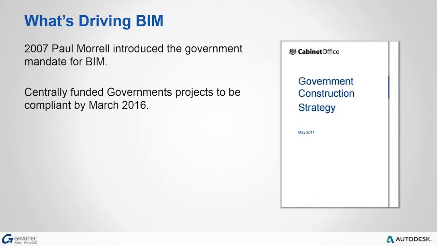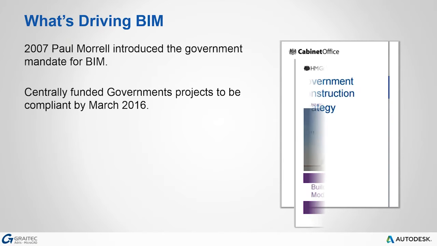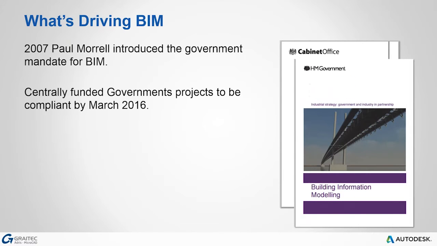There's a summary action plan attached to the government construction strategy, and these documents are available, and they contain the detailed implementation plan for building information modeling. One of the key aspects at this early announcement was that we need to embrace more software, to capture and control the information about our buildings.